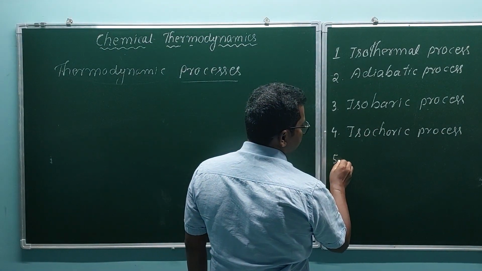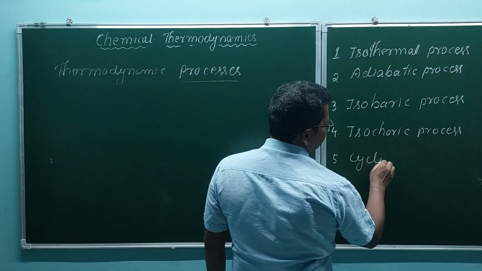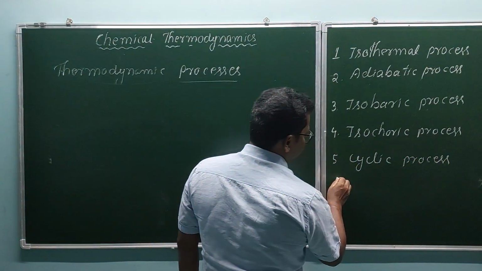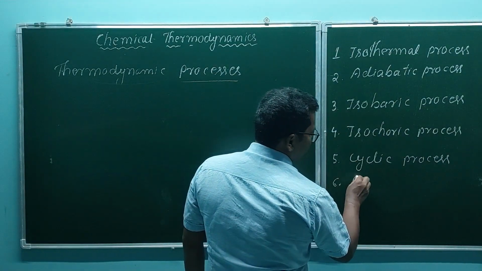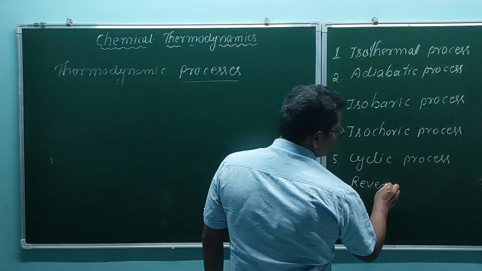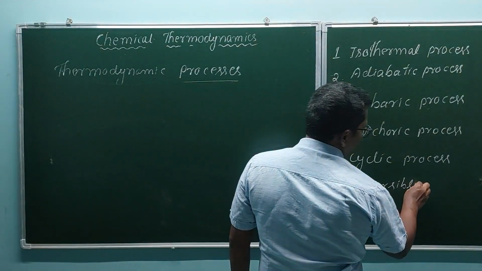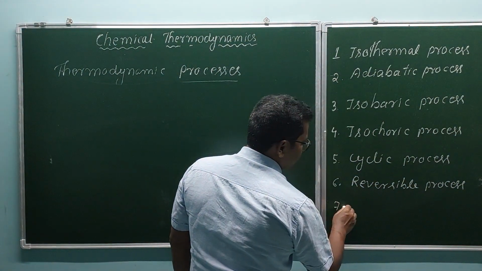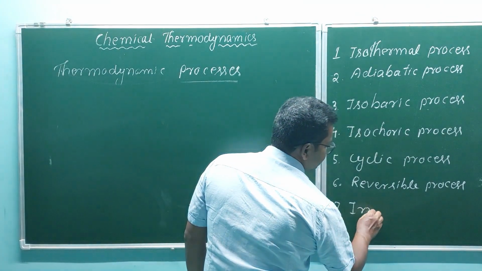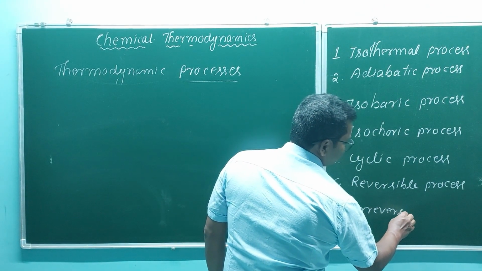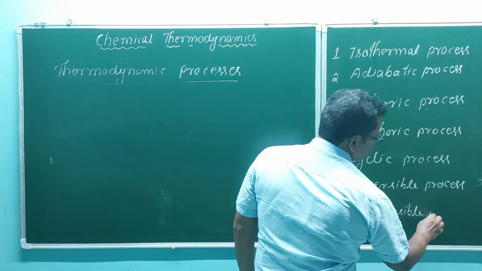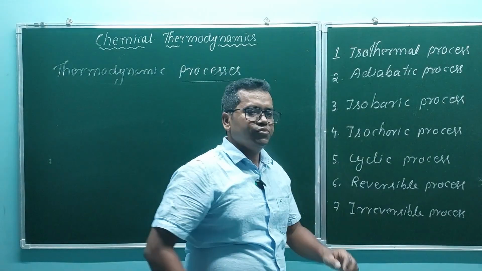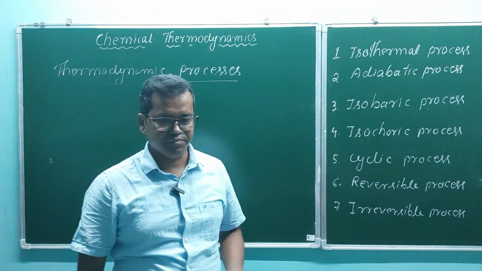Number five, cyclic process. Number six, reversible process. Number seven, irreversible process. So we shall understand one by one.